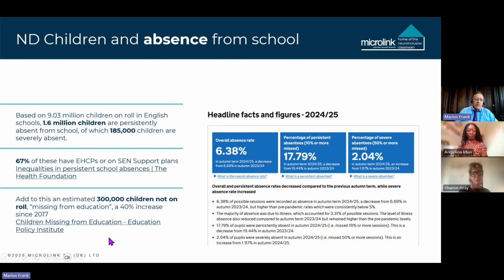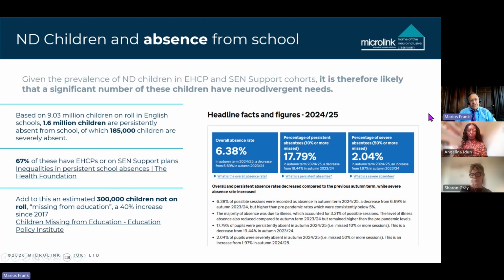And according to these reports, 2/3 of the children who are persistently absent from school have EHCPs or are on the SEN support register. This doesn't count 300,000 children not on roll. So given the prevalence of neurodivergent children with EHCPs and SEN support in cohorts, it's likely that a significant number of these children have neurodivergent needs.